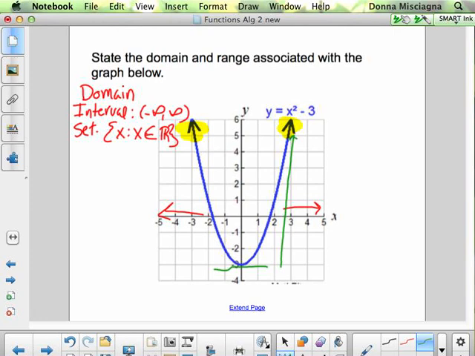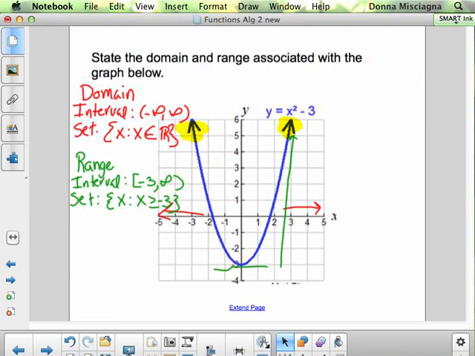So the range in interval notation is, we're going to use a bracket because we go through -3, that's the vertex, -3 to infinity, parentheses for infinity. In set notation, x such that x is greater than or equal to -3. And there we go.